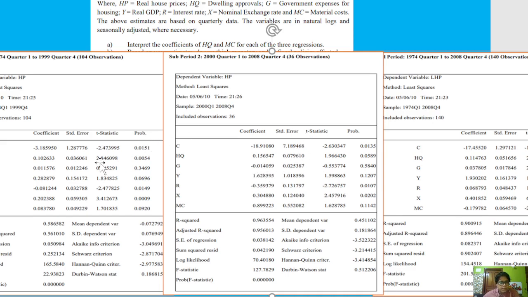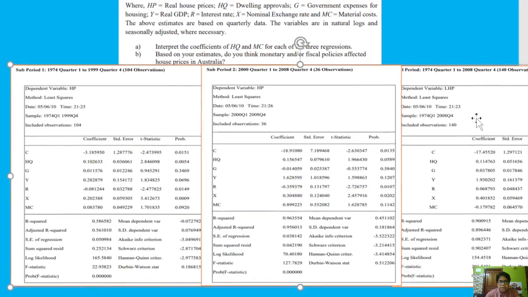So this is the constant, this is the HQ coefficient, government expenditure coefficient, Y, R, X, and C. These are the different coefficients. The only difference is that the periods taken are different: these are two sub periods, and this is for the entire period.